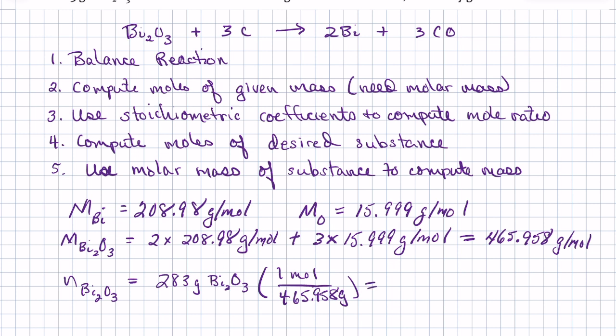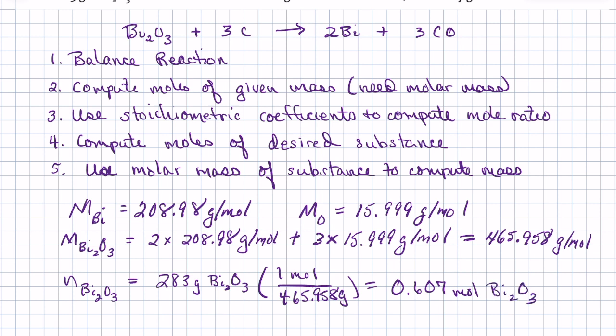And so that gives us the number of moles of our bismuth oxide. All right, and that's going to come out to 0.6, and we're going to have 3 sig figs here, 607 moles of our bismuth oxide.